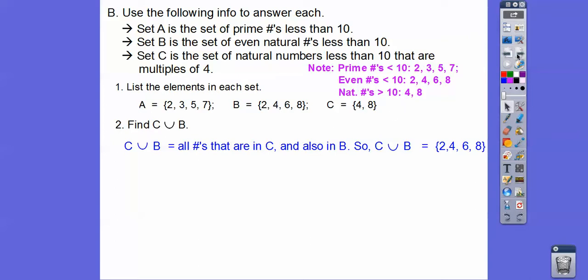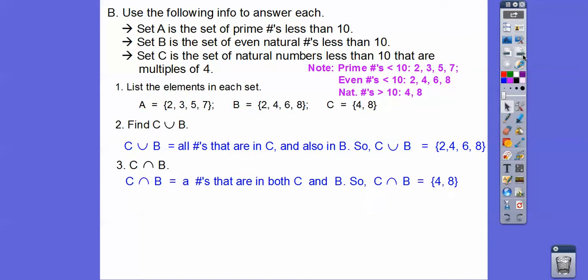So either one. C intersection B would be the other one. Where would they intersect? 4 and 8 are here, so they overlap at 4 and 8. That's just going to be the set of 4 and 8.